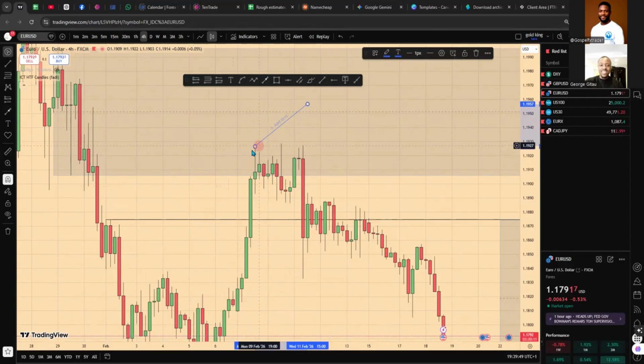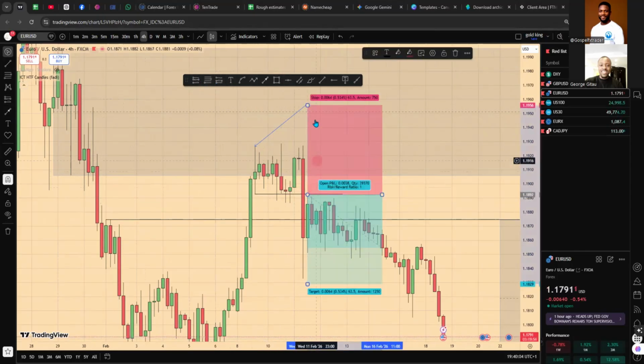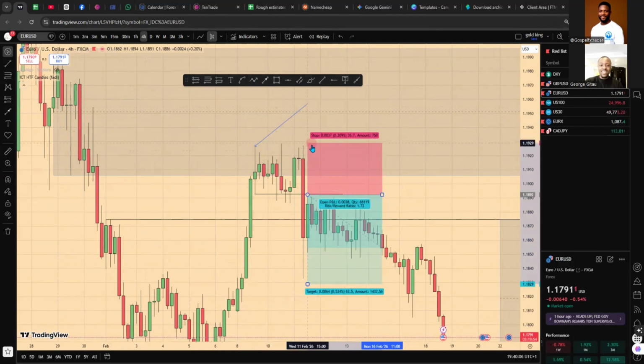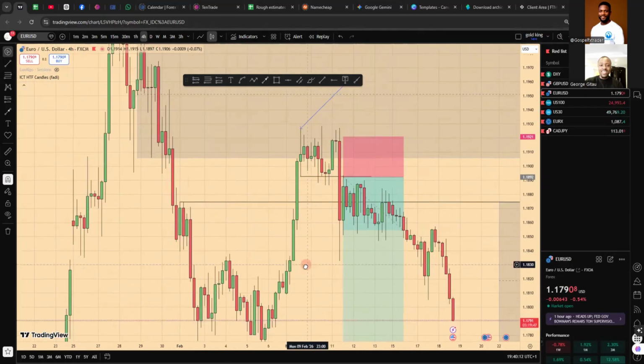So price took out the high. This is the highest bullish candle that I can see, and I'll wait for price to close below it. Okay, so you notice this is the bearish candle that closed below it, and when it did, price came back to retest it, and that's where you get your entry. So if you were trading it based on the weekly CRT, that would have been your entry.